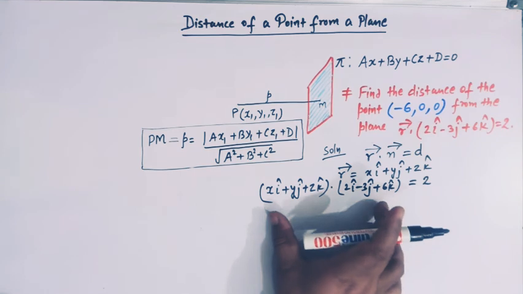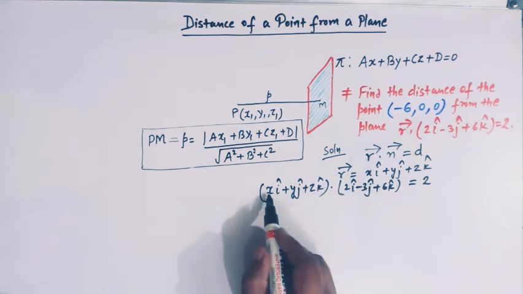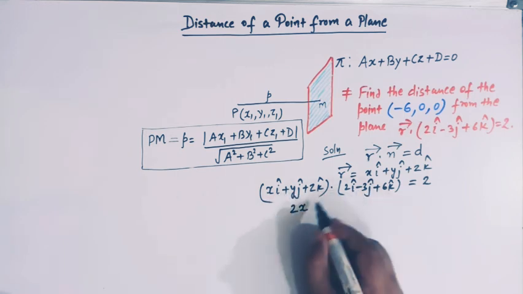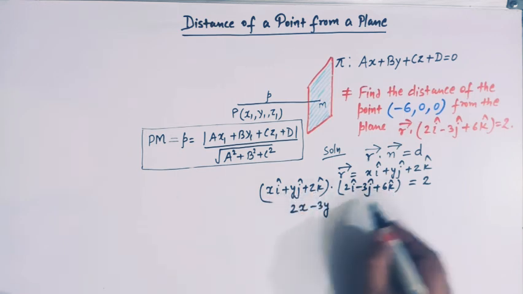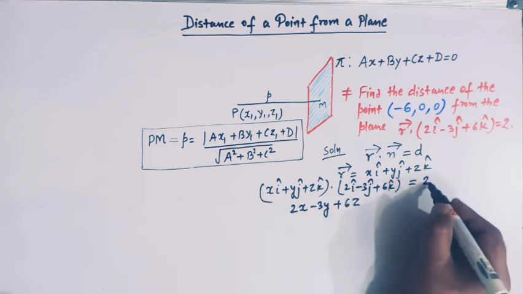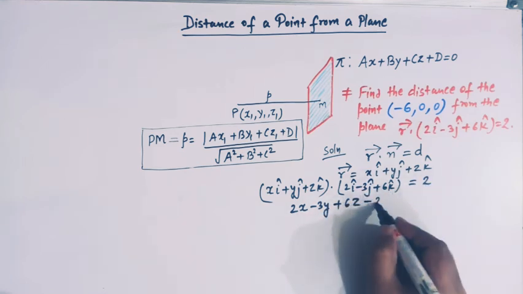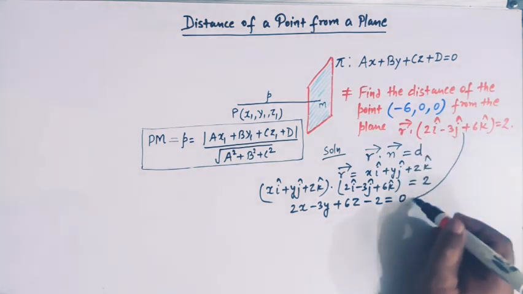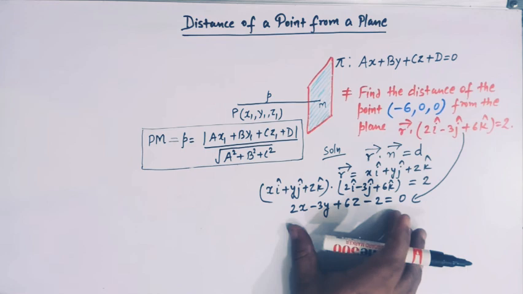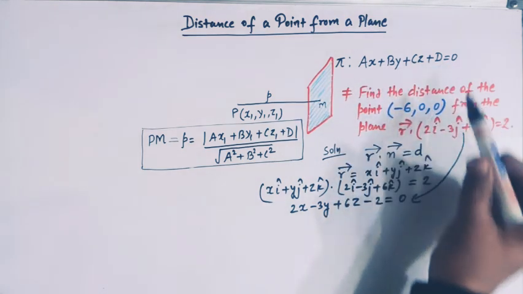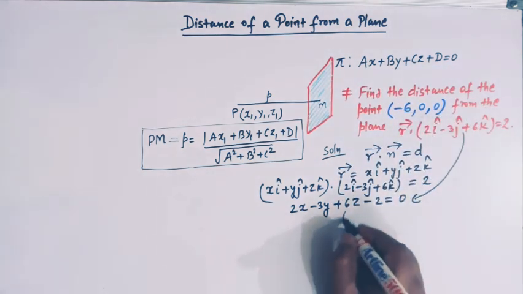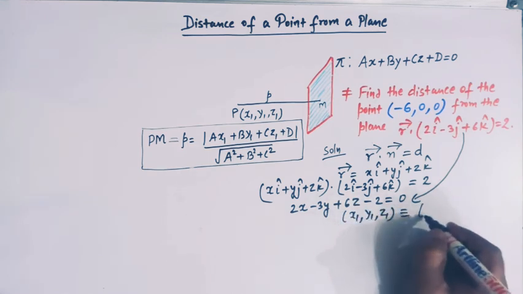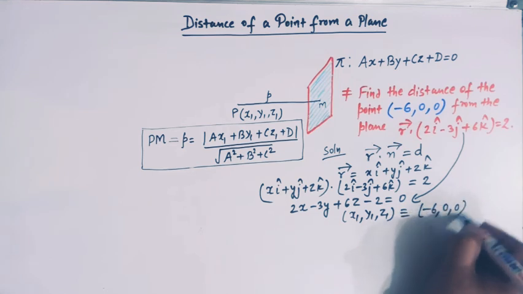So the dot product of these two vectors is simply 2x minus 3y and plus 6z, right? And taking this 2 to this side, so this is minus 2 equal to 0. So the vector equation is now converted into the Cartesian form, and our point, that is x1 comma y1 comma z1 is minus 6 comma 0 comma 0, right?